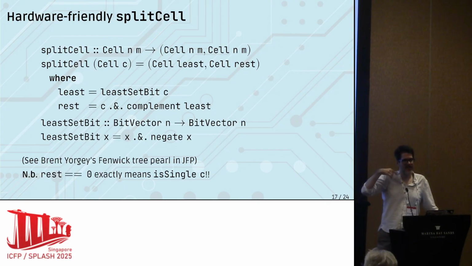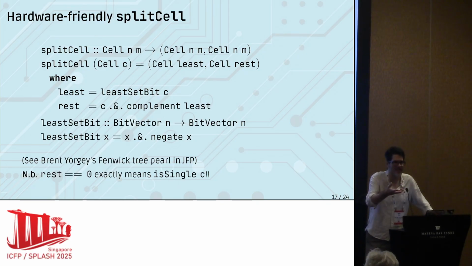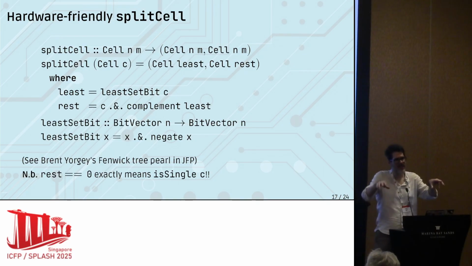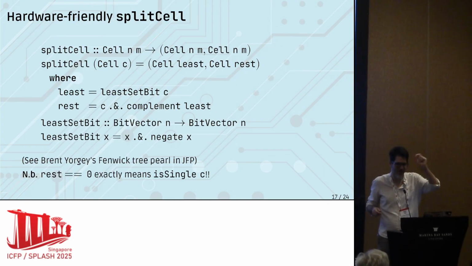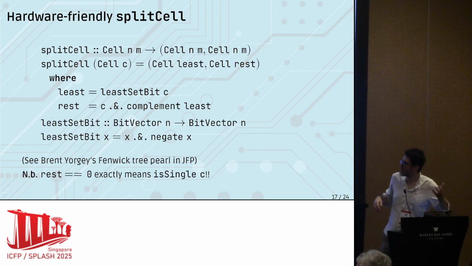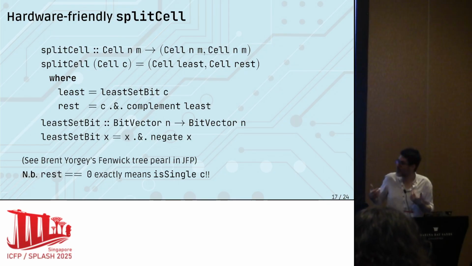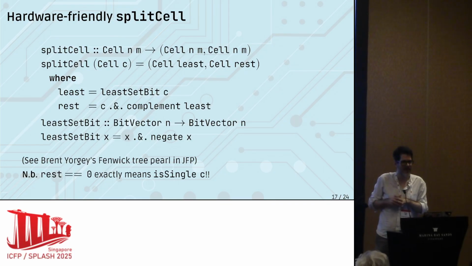In a software version, you might think that this is needlessly expensive, because if I want to split my whole board, I can stop at the first cell that can be split. The whole point is that we want to find a guess, so just pick the first one, and I don't need to look at the other cells. And if you look at it like that, you might say it's not really free. It's a very roundabout way of computing is single, because now I need to compute all this just to finally find that the bit count is 1.